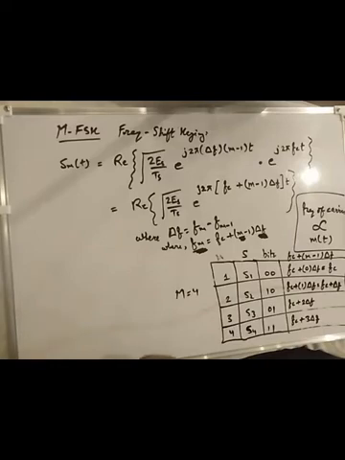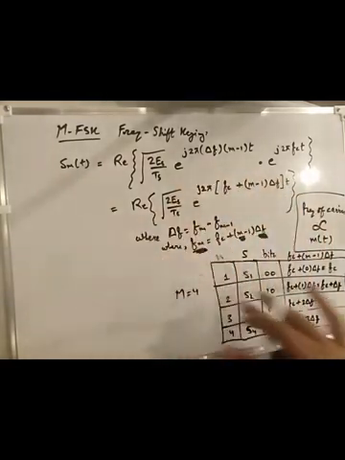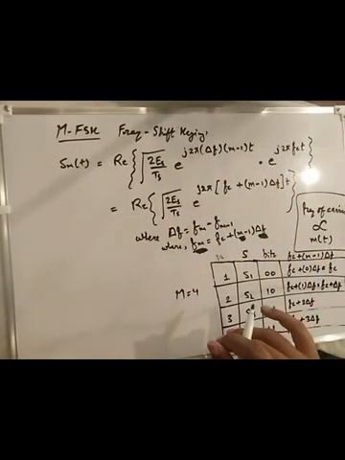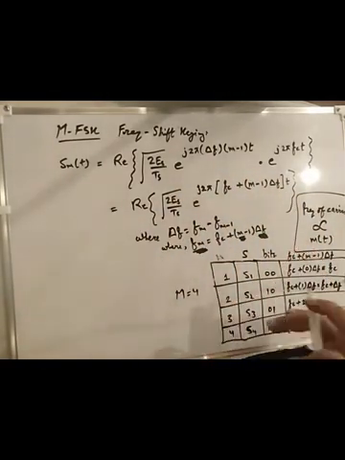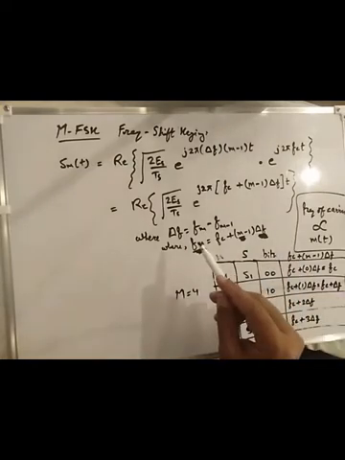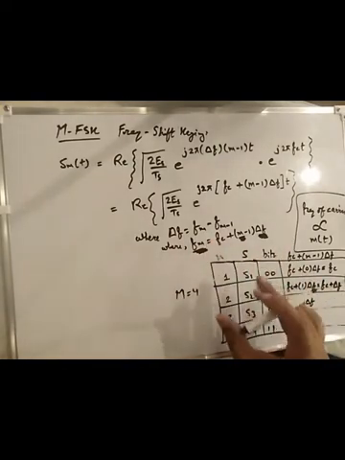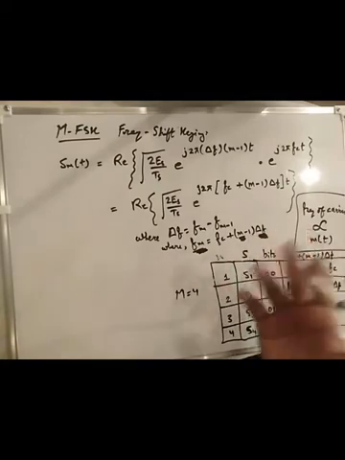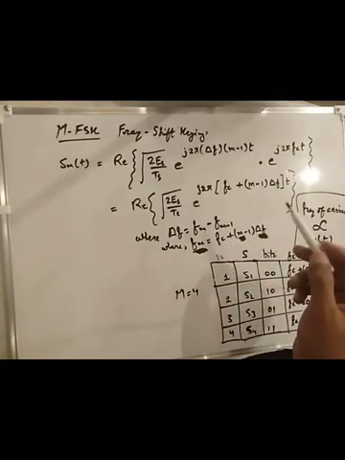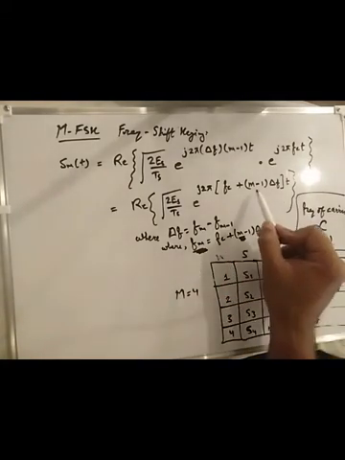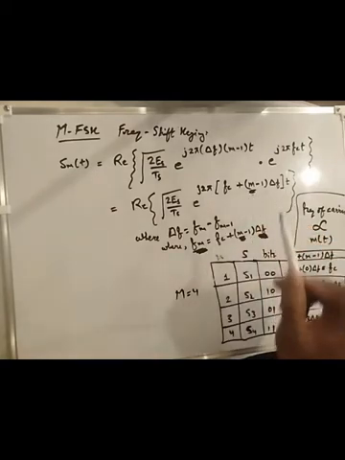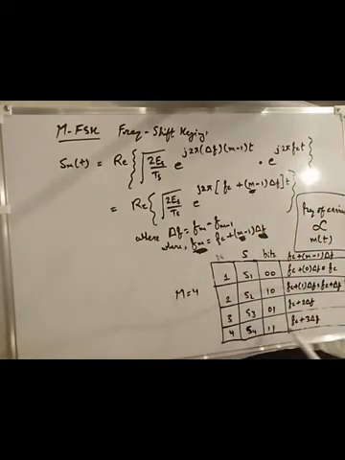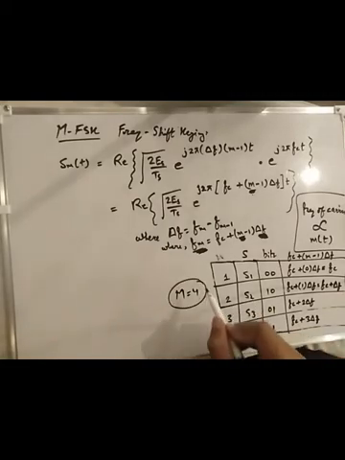So that's the idea of frequency shift keying, and it's a very simple idea. We would like to embed the information onto the frequency of the carrier. The amplitude remains constant. The phase has nothing to do with it. Only the frequency varies with respect to the index M. And this index M depends on the bits, on how you have designed your transmitter, whether you have M equal to 4, that is 4 symbols to be sent, or M equal to 2.